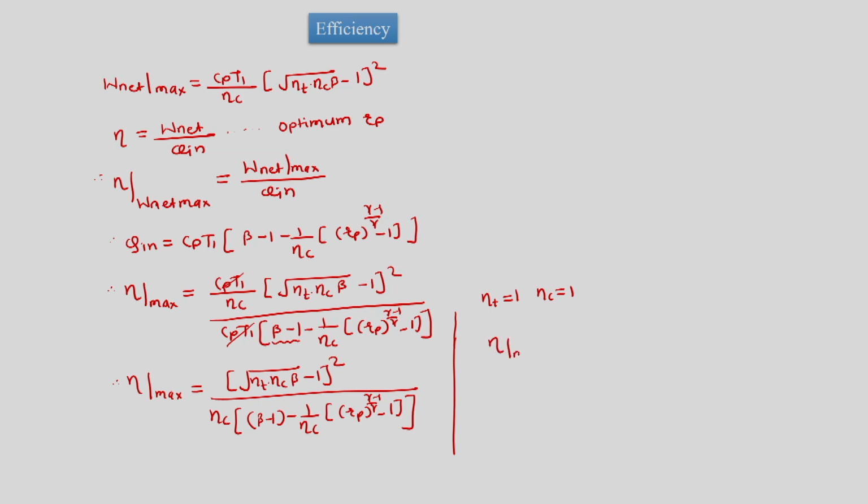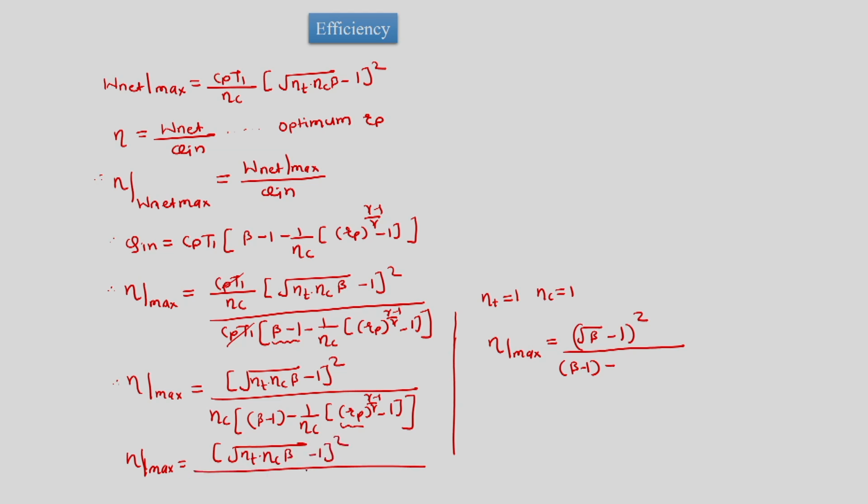We get maximum efficiency in the ideal case as square root of beta minus 1 bracket square divided by beta minus 1 minus, so this Rp raised to gamma minus 1 upon gamma is practically eta T eta C beta minus 1 bracket square divided by eta C into beta minus 1 upon eta C. This is square root of eta T eta C beta minus 1.